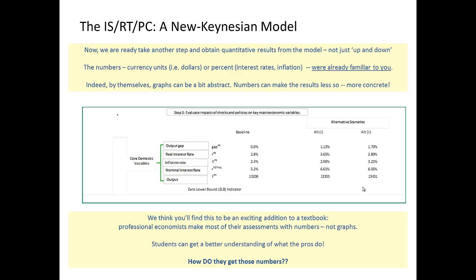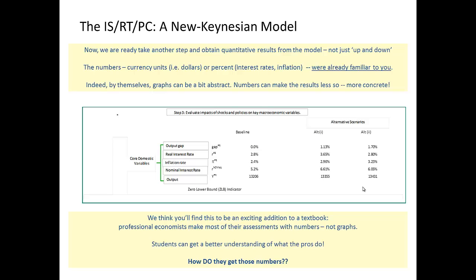How do you make the connection between a geometric distance between two lines, 2 points, and the more concrete concepts of currency units or percentage terms? Well, if you look at the numbers, that's going to make the results a little bit less abstract and a little bit more concrete. So we're hoping to make the results more concrete by doing a little bit of algebra.